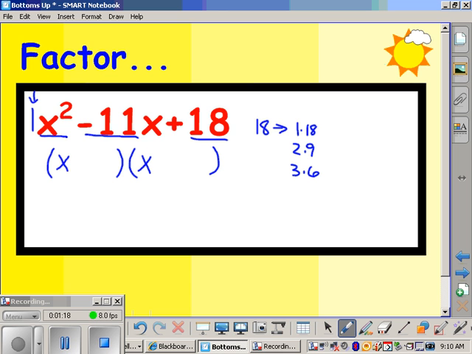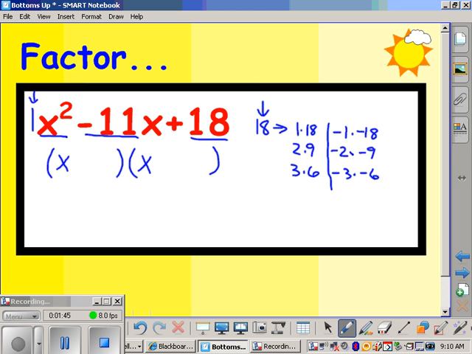If we have no option, in other words, none of these pairs have a sum of negative 11, then we need to move to negative options. So because we're looking for factors of positive 18, we could make both numbers negative because when we multiply, its product is still positive. So we can put negatives for each number in all three situations.